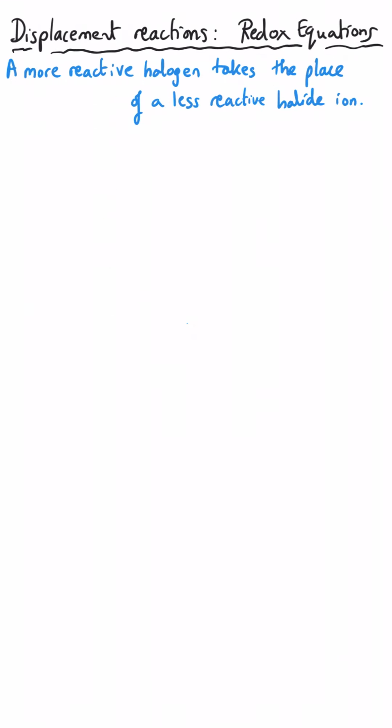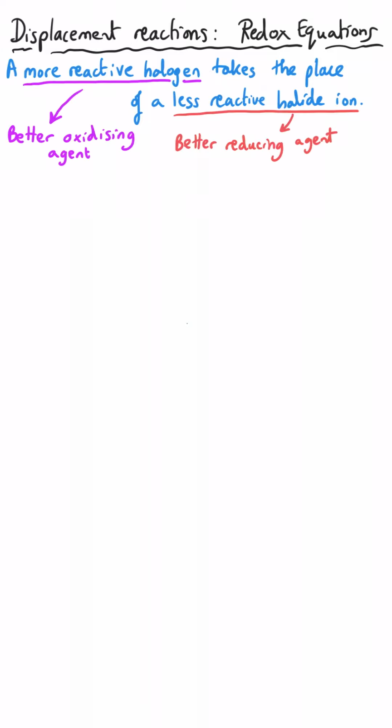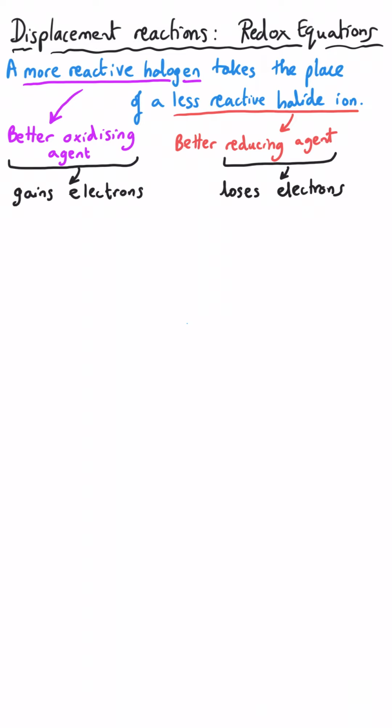We can prove the pattern in oxidizing ability of the halogens by looking at displacement reactions, which you learn about in GCSE chemistry, and you learn it from the point of view of a more reactive substance taking the place of a less reactive substance in a compound, but in A-level chemistry we need to consider these to be redox reactions, where the more reactive halogen is actually going to be taking electrons from the less reactive halogen, or specifically halide ion.